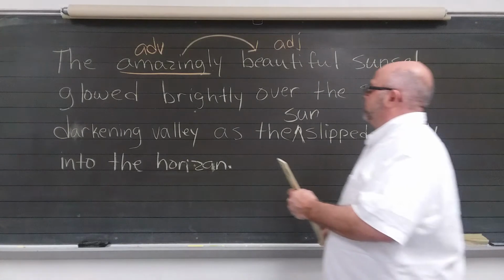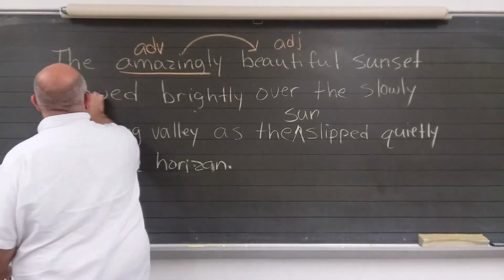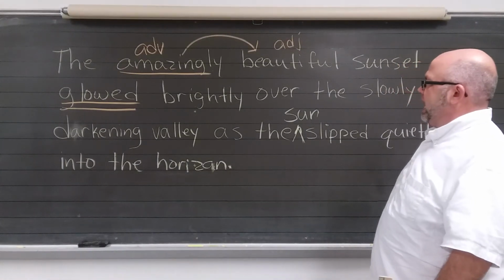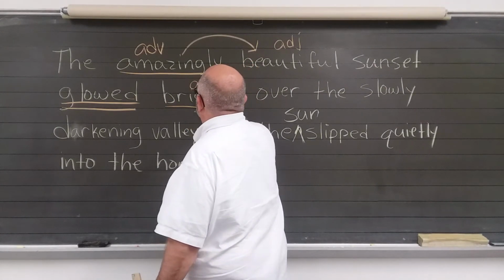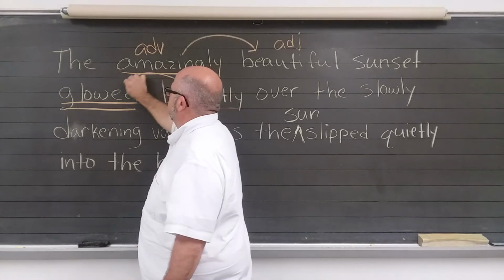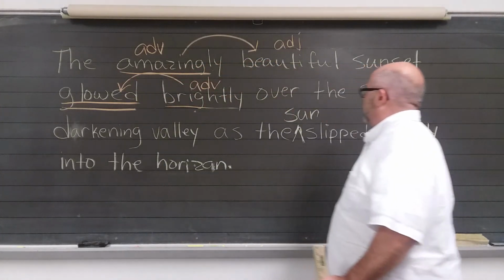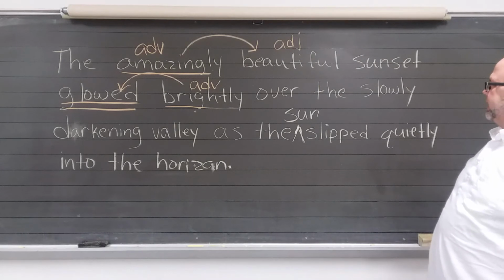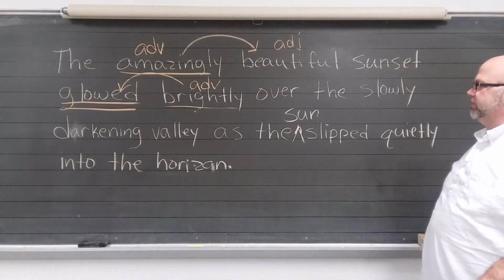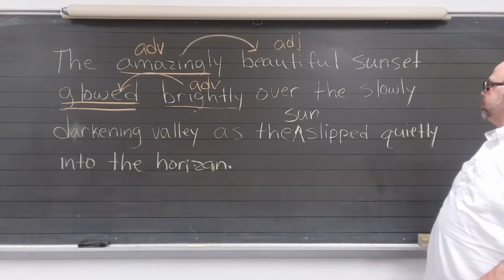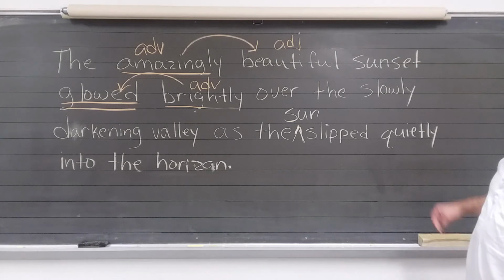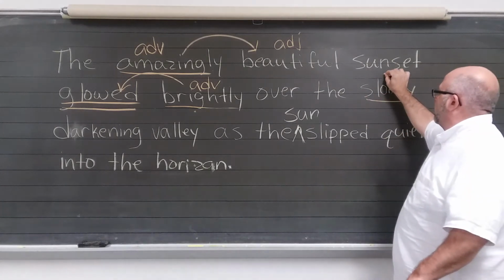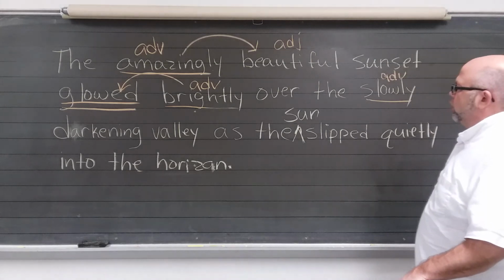What else do we have? Here's a verb. Let's underline the verbs twice. Is there any word that says how, when, or where that it glowed? How did it glow? Brightly. Adverb. How it glowed. It glowed brightly over the slowly darkening valley. What do we have here? Slowly is an adverb. Slowly what?